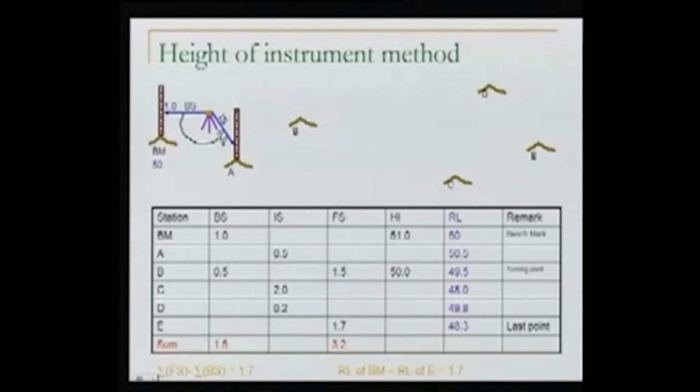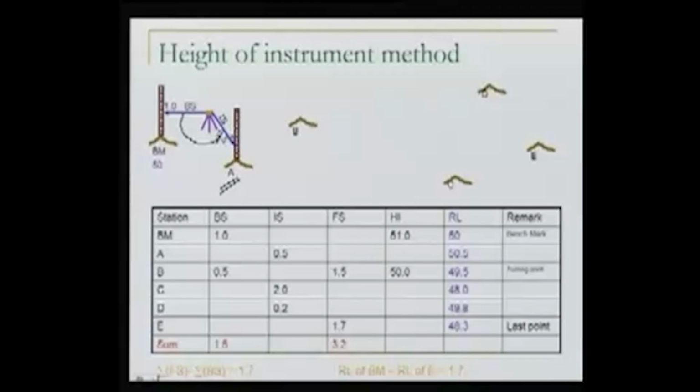I just rotated my level in a horizontal plane, and once we rotate the level in a horizontal plane, the line of sight will still be horizontal. Right now I am bisecting the staff at A, and I take one observation here, and this observation is 0.5.